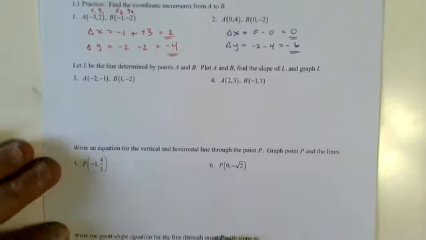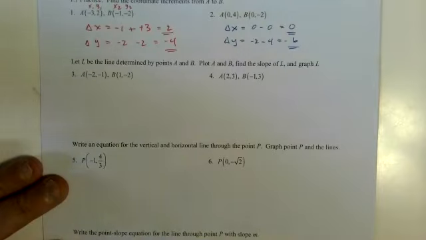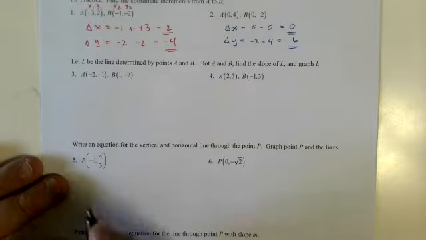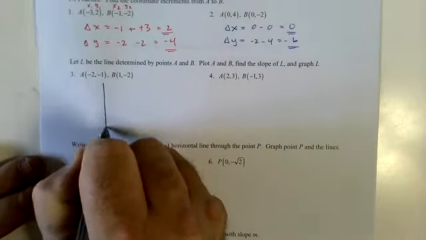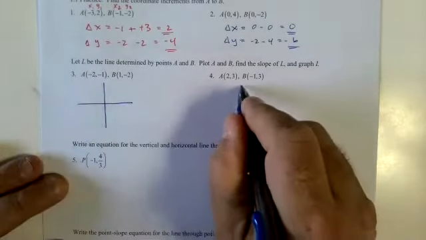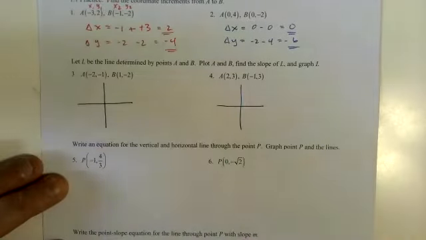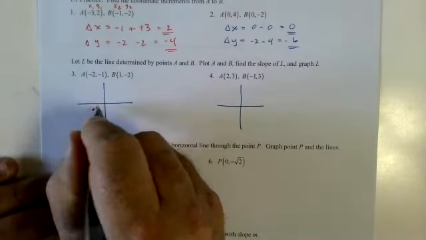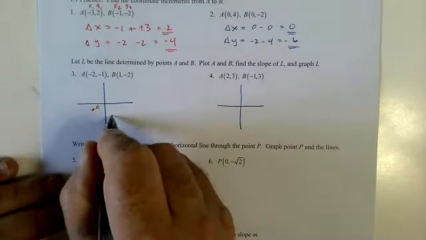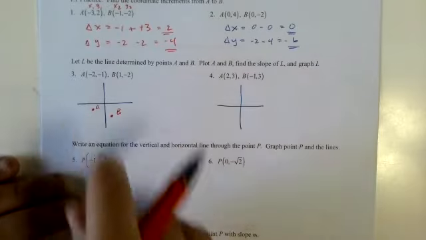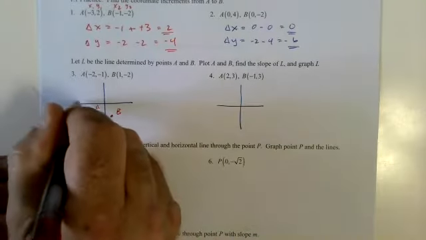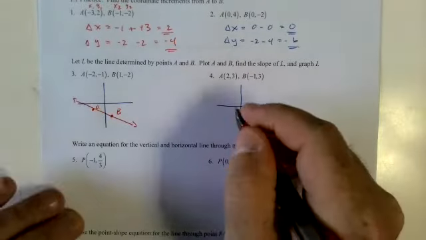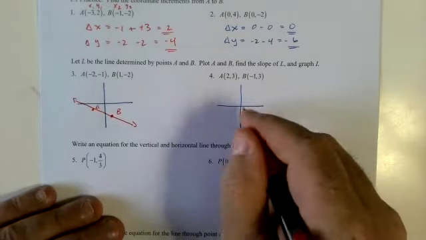And now we step it up a notch, the LB line: plot it, find the slope, and graph it. I actually recommend using a straight edge for that process because why not?